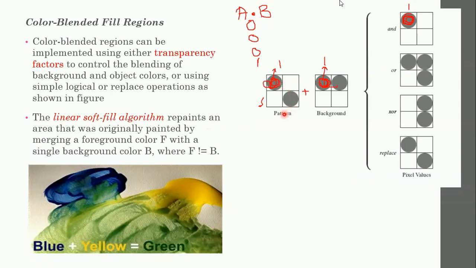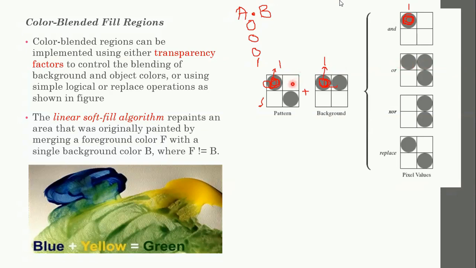You have one pattern that is being combined with the background color, or any other background pattern. This combination is being done to see how the logical operation happens. Next you have the OR operation. Similarly, for an OR operation, 1 or 1, you get 1.